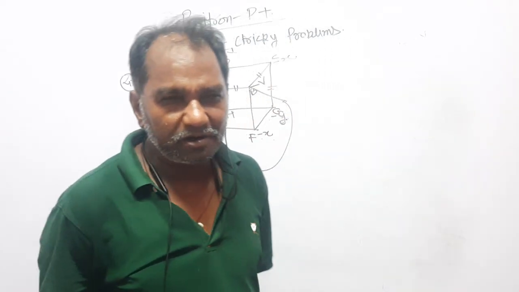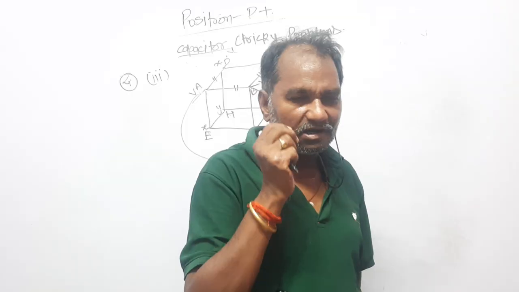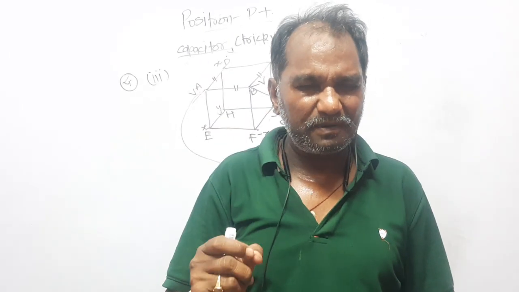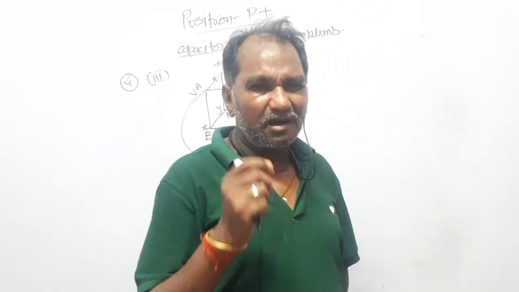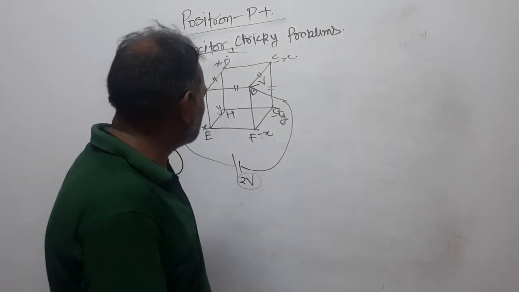Now dear students, we have got two unknowns, X and Y. So this is the nodal analysis method. The nodal analysis method is the most accurate, shortest and fastest method. But the important thing is how you distribute the voltage across the points. So now voltage distribution is over.